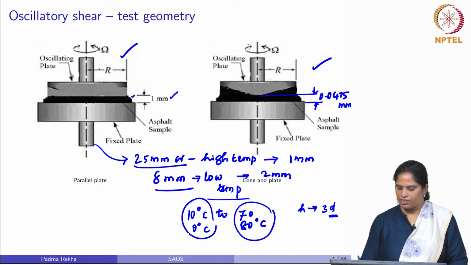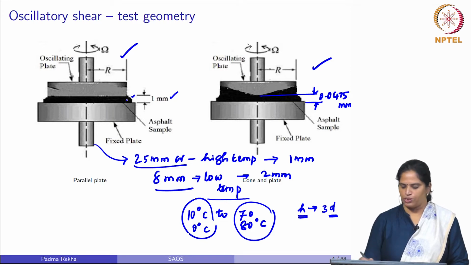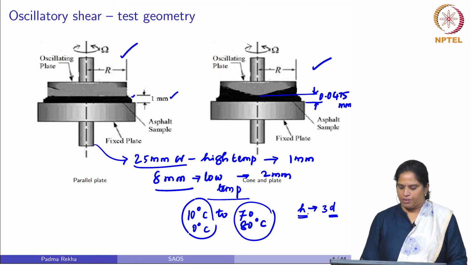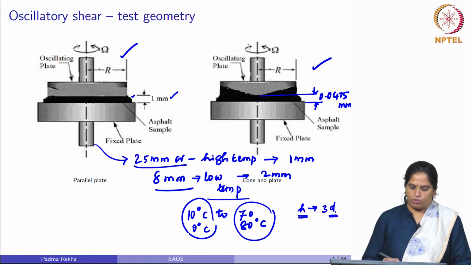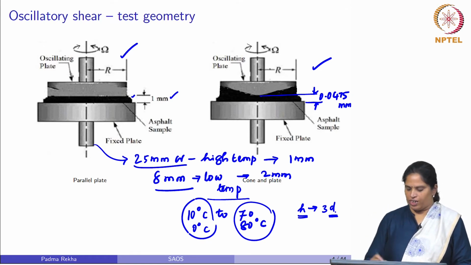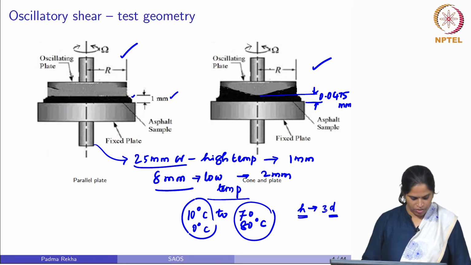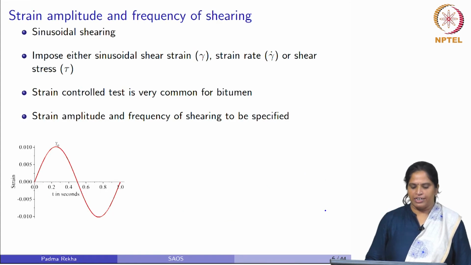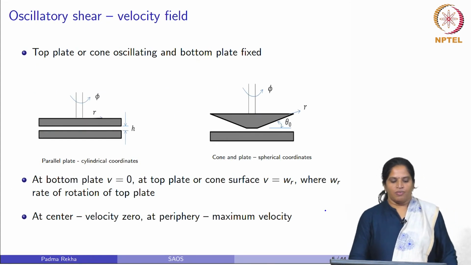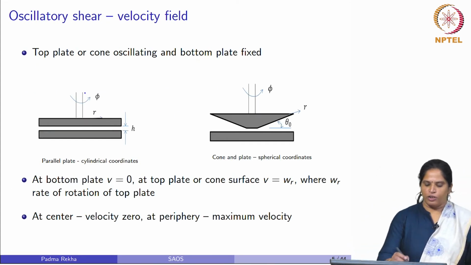Here D is the maximum particle size, and h is the thickness of the sample or gap between the two plates. So, mostly if we test a modified binder, we use a parallel plate system, where we keep a sample between two plates and oscillate.